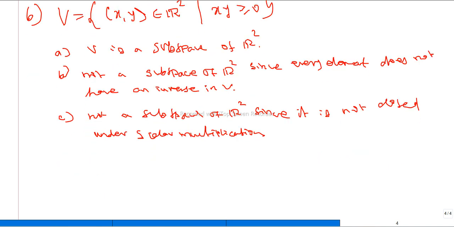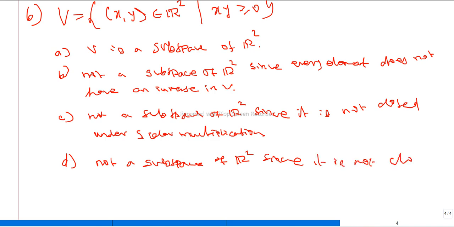And then the last option is not closed under vector addition. What is the reason it is not a subspace, or do you claim that this is a subspace? It is not a subspace of R2, since it is not closed under addition. It is not closed under vector addition.